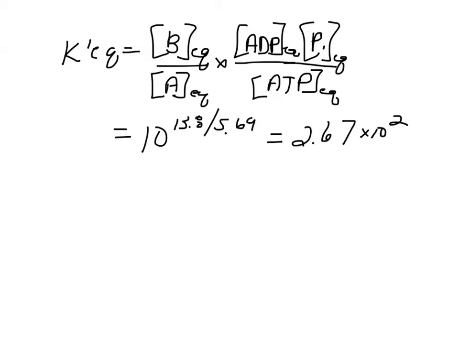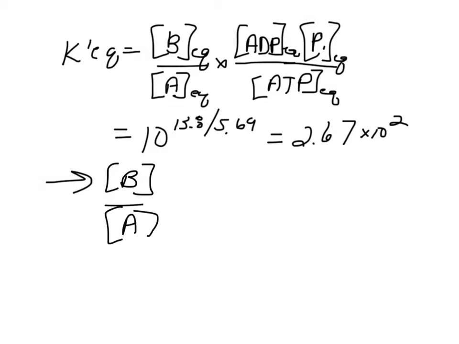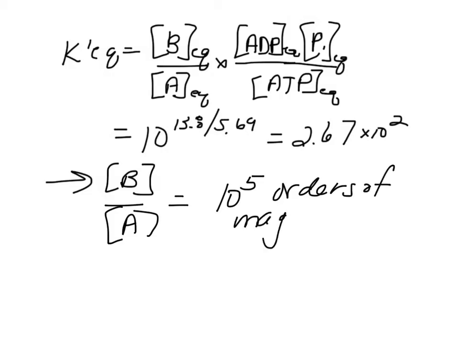Now, if we compare these, we would see that now the ratio of A to B is 10 to the 5 orders of magnitude larger.